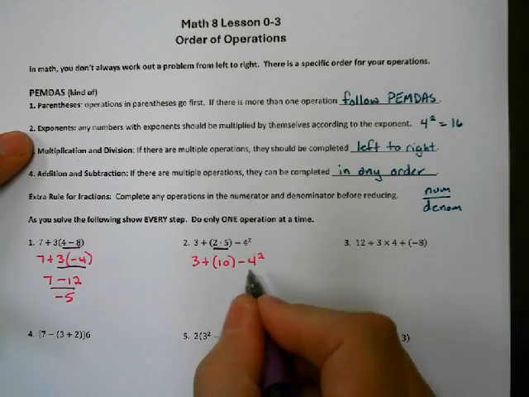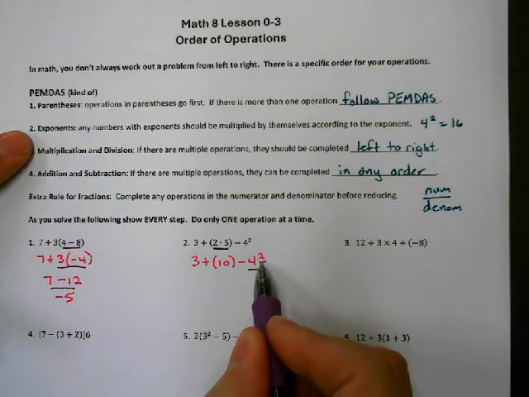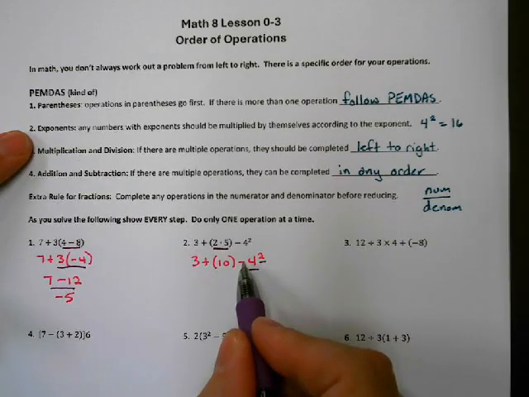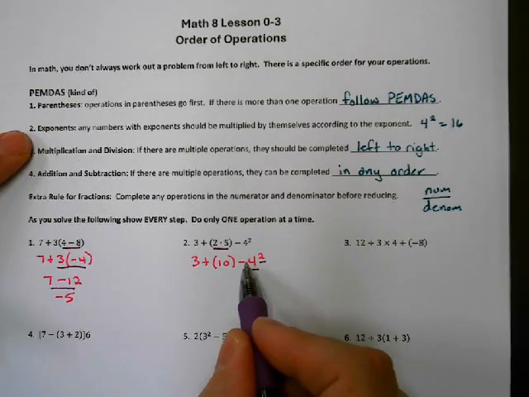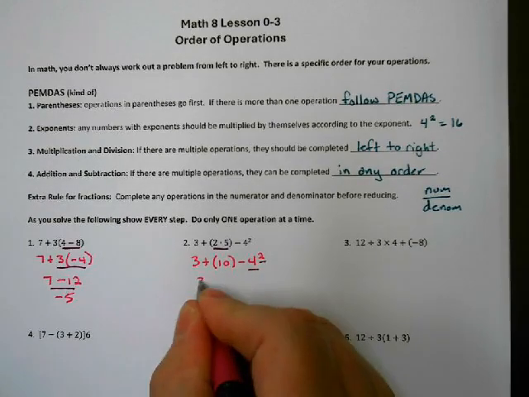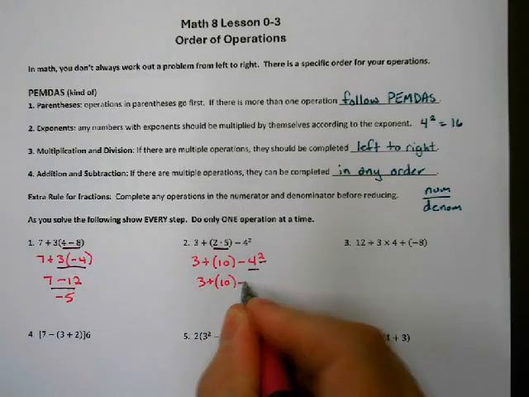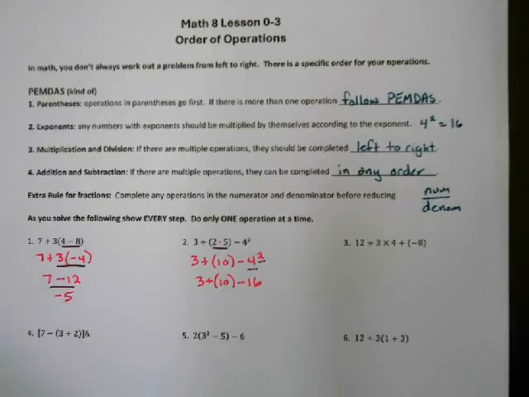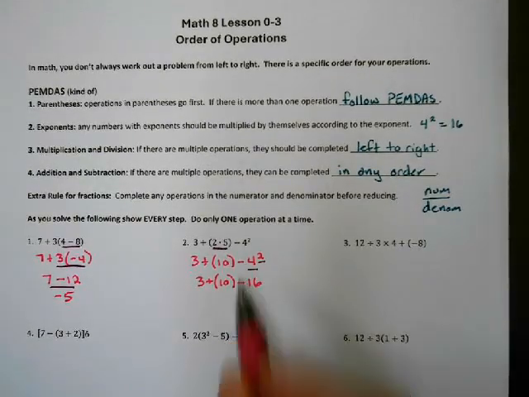In this case, I'm going to take 4 to the second power, but not negative 4. So I'm just going to do 4 times 4, 16, and keep this negative right here. So I've got 3 plus 10 minus, and then 4 to the second is 16. If I had parentheses there, I would have had to do negative 4 times negative 4, which is positive 16.